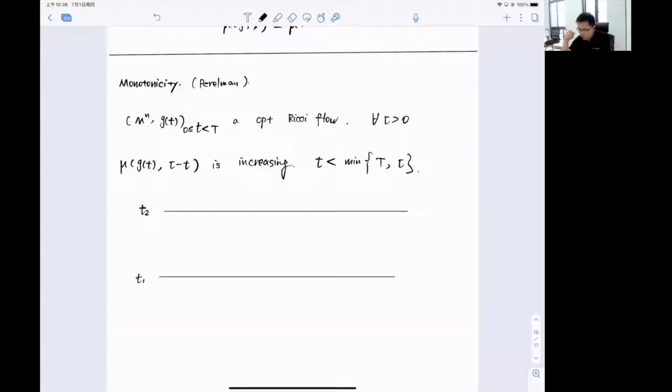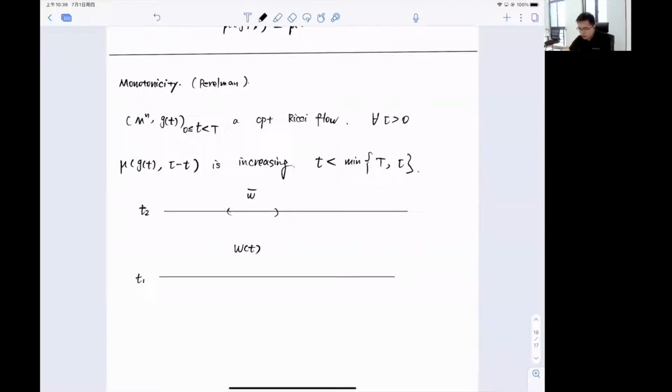Now, in order to compare the entropy defined at those two times, we first of all choose any test function. Let's say at this later time t2, we choose a function omega bar, which is the test function for the W entropy. Now we solve the conjugate heat equation starting from the omega bar. Then we obtain a function omega t.